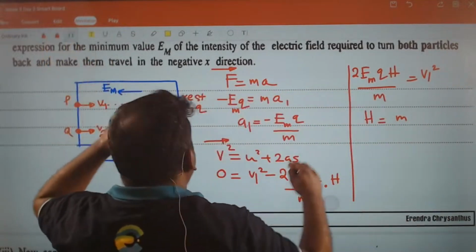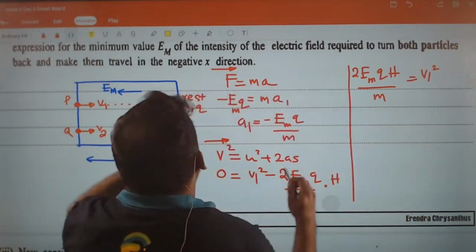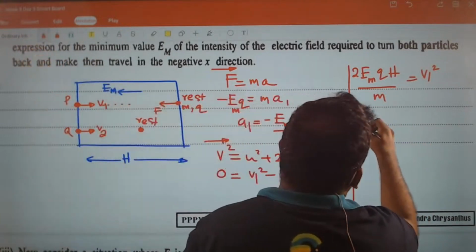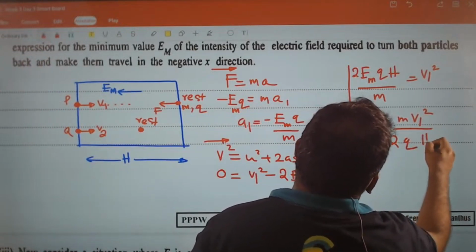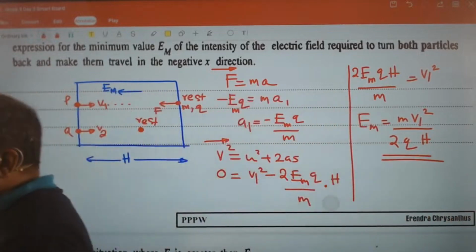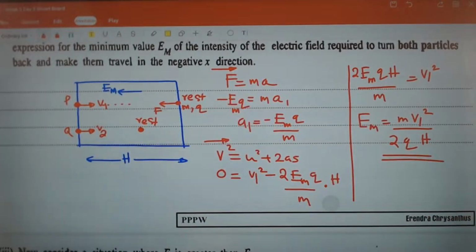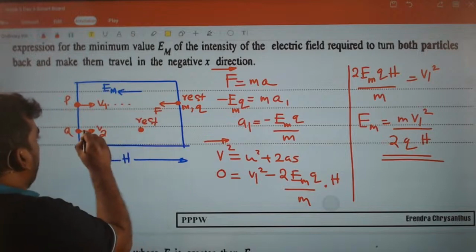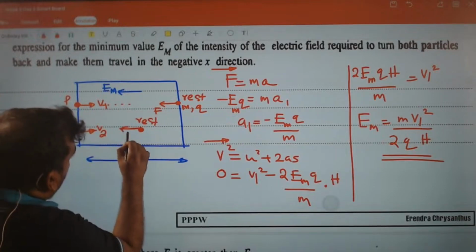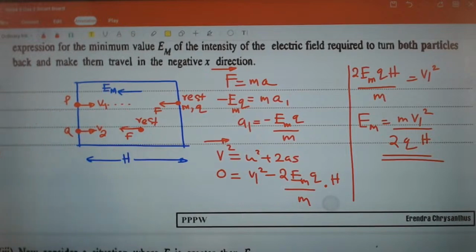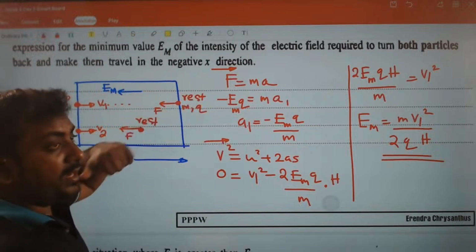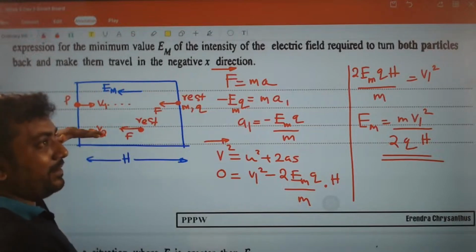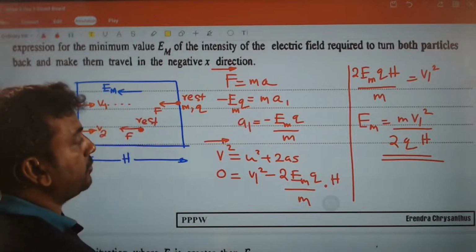We don't want h, we want E minimum. E minimum is equal to m V1 squared over 2qh. The faster particle will stop here, meaning the slower particle will anyway stop and then accelerate back. Basic motion logic: the faster particle will travel a longer distance under the same decelerating force.